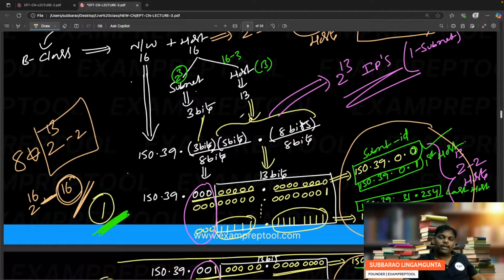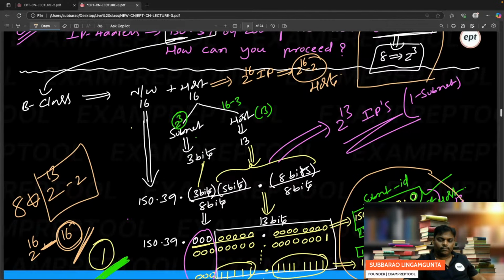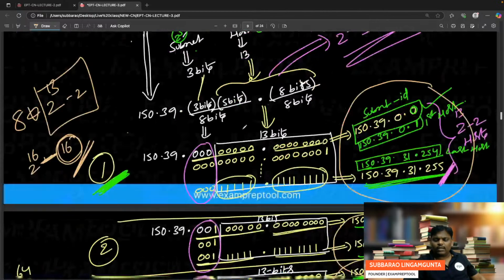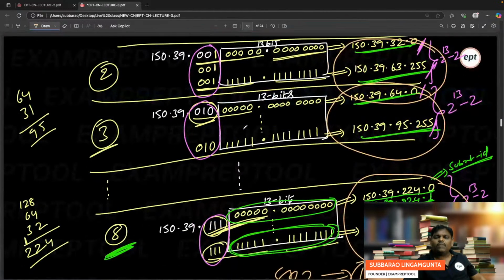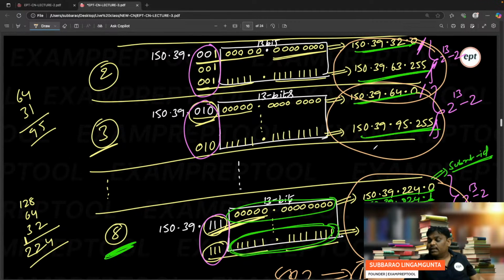This is after subnetting. Okay, fine, Shikhar, whatever you said, that is also okay. Before subnetting, minus 2. Before subnetting, only one DBA, only one subnet ID. But after subnetting, 8 subnet IDs, 8 DBAs.